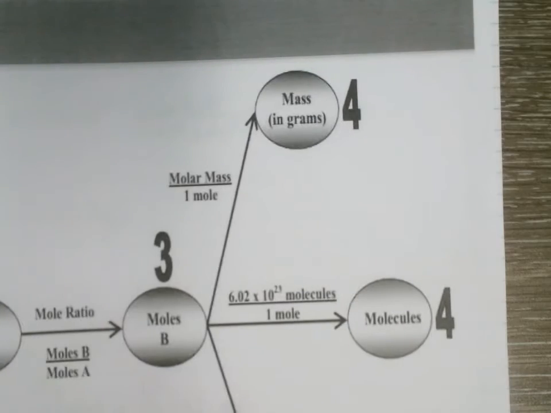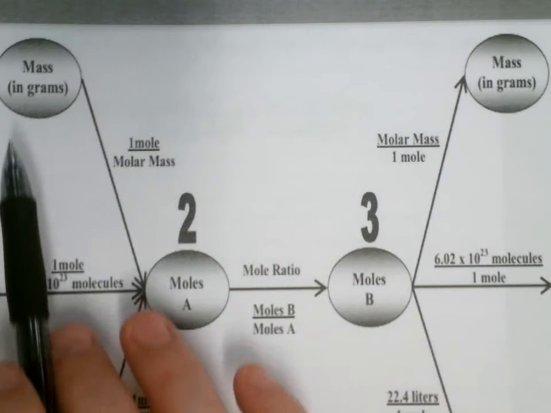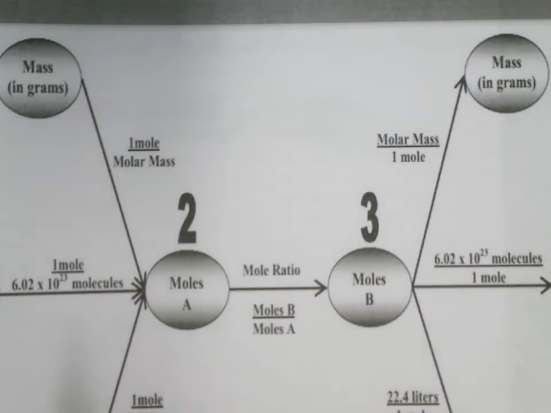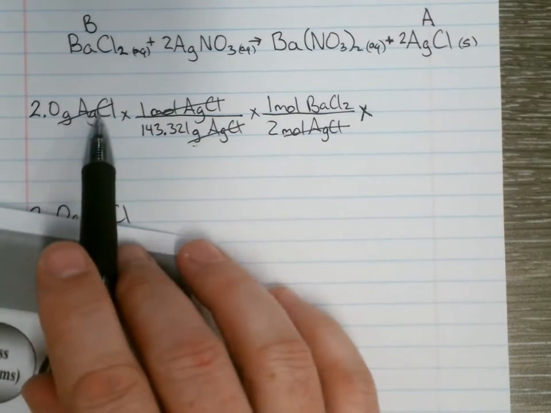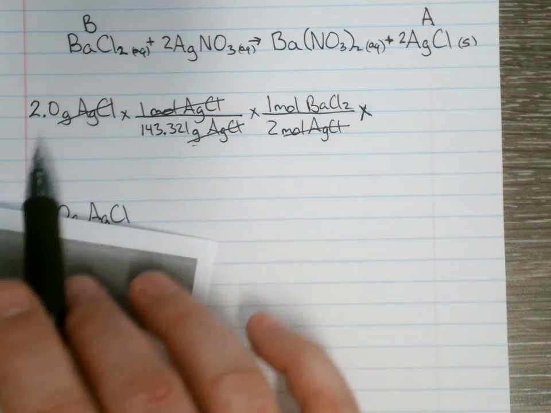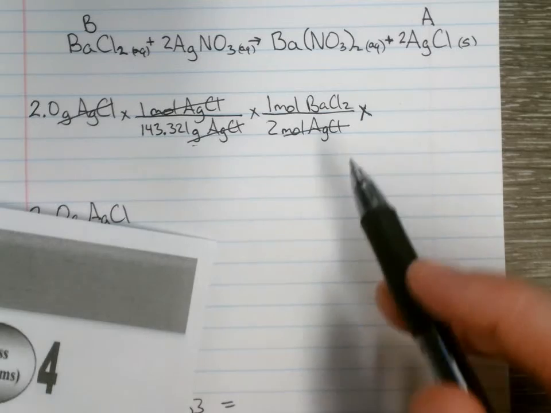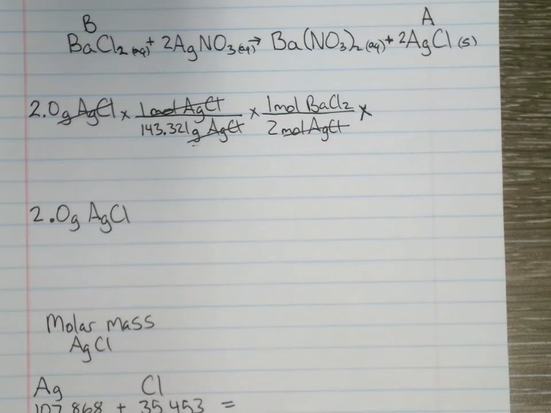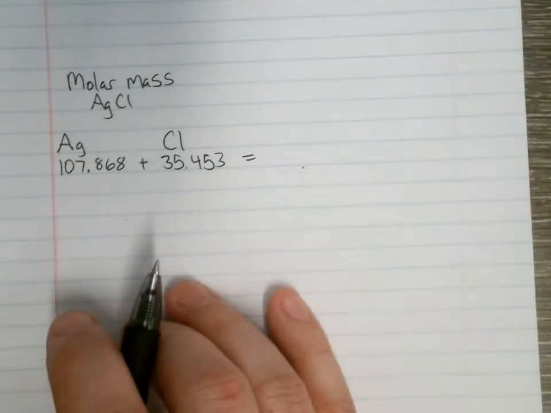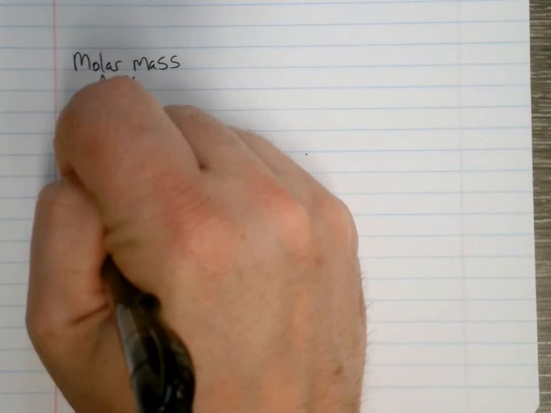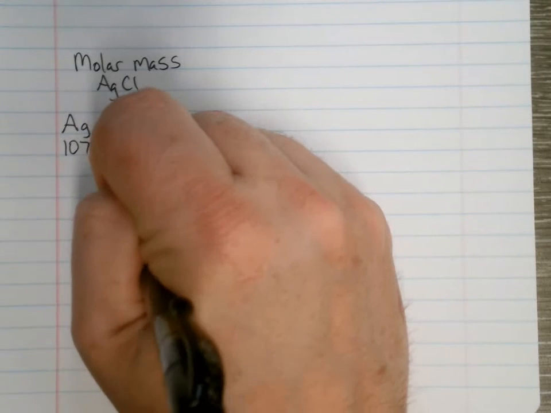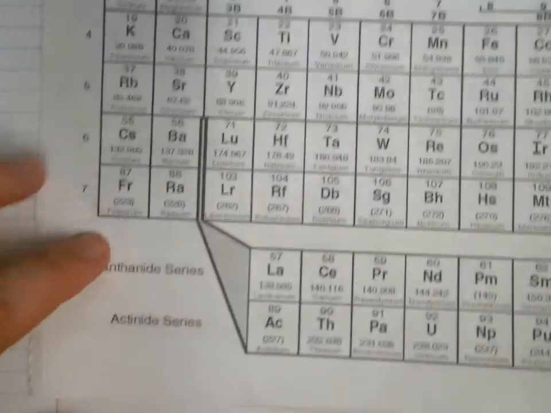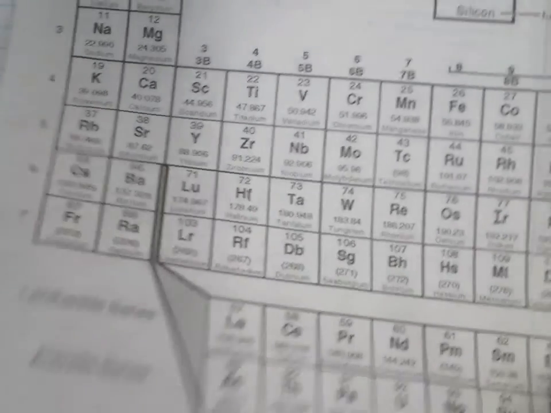Last step, we went from 1 to 2 to 3, now we need to go to 4. Your last conversion factor is the molar mass of substance B, because when you look at it, substance A, silver chloride, is all canceled out. There's no silver chloride left. We have officially converted from substance A to substance B. So we're going to get the molar mass of substance B. The molar mass of barium is 137.328.